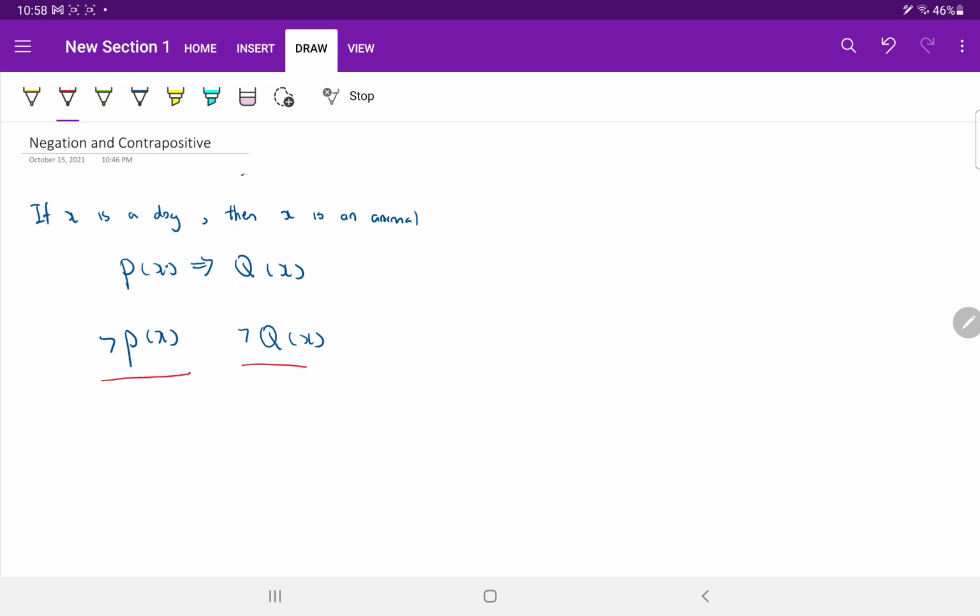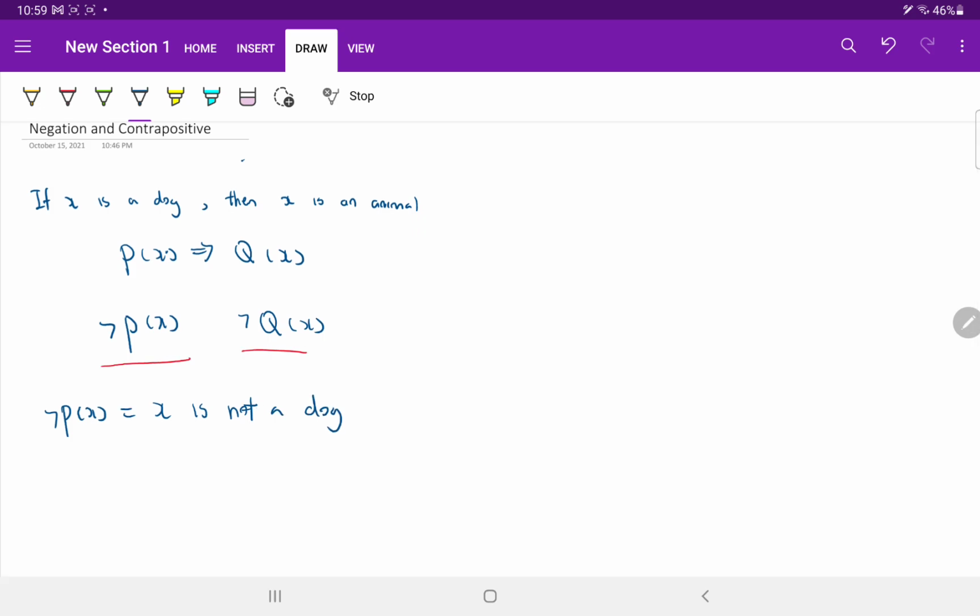So let's talk about what negation means. Our P(x) statement is that X is a dog, so the negation of that statement will be that X is not a dog, right? So let's actually write that down. X is not a dog.